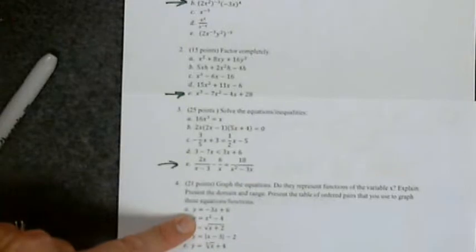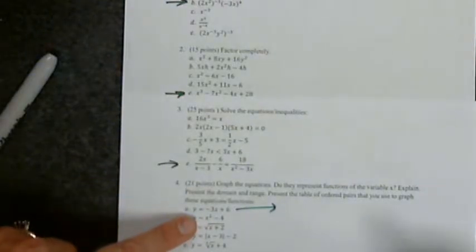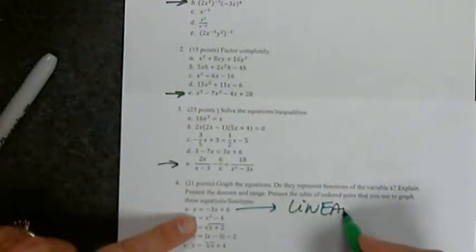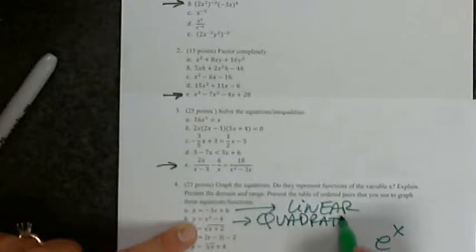So we chose D to graph. Let's graph it. What type of function is this? And let's list those. So what about the first one? What type of function is the first one? Yes, of course. The second one. Exponential. Exponential will be something like this or something like this. Quadratic, yes. Good.